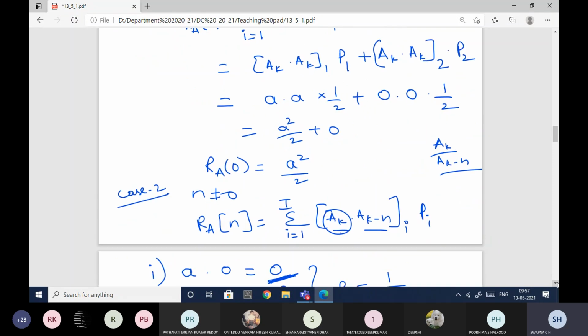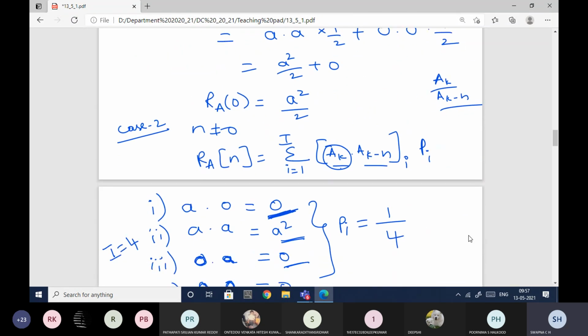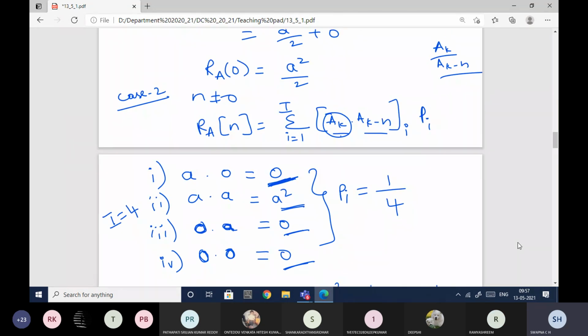Now when n is not equal to 0, I need to find out how many products I'll get. Since n is not equal to 0, I may have ak minus 1 or ak minus 2 or ak plus 1, something like this. So what are the possible products that I may get? Let me consider ak is 0.